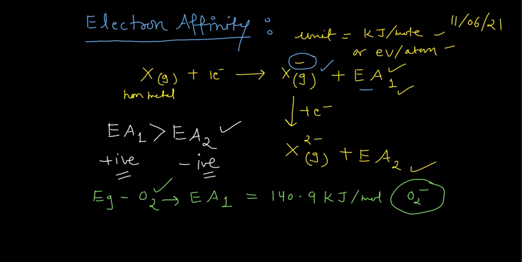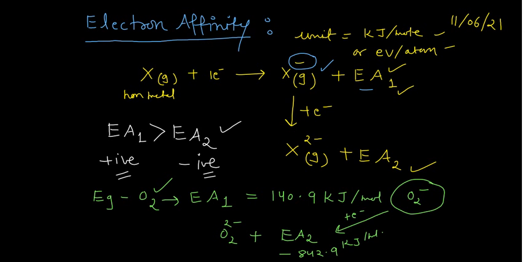Now when you have added this one, if you add one more electron to it, the electron affinity EA2, when it forms O2 2-, has a value of negative 842.9 kilojoule per mole.